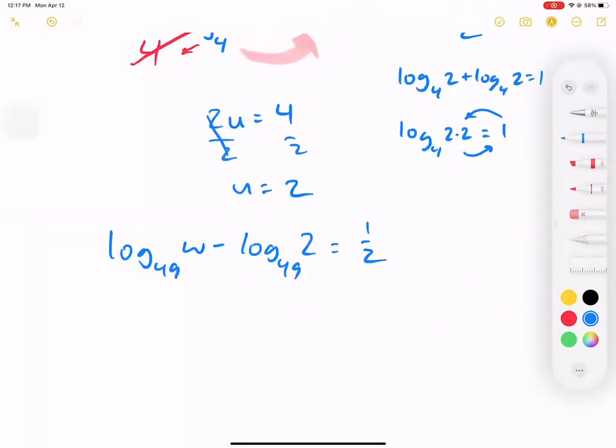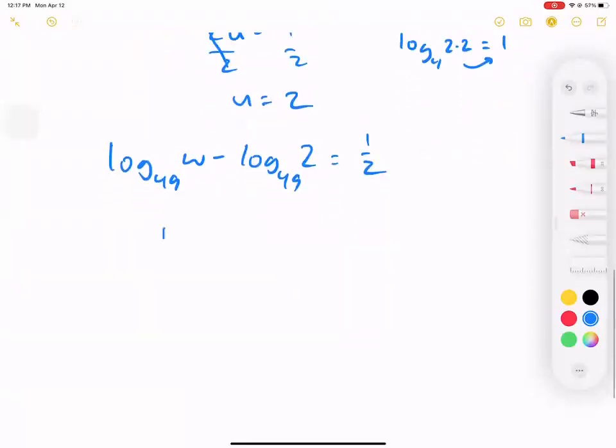That 49 is kind of a big base, but let's go ahead and write this together before we freak out too much. Log base 49 of w over 2. Well, remember, if we're subtracting on the outside, we are dividing on the inside. So a subtraction problem is really a dividing problem. And it equals 1/2.